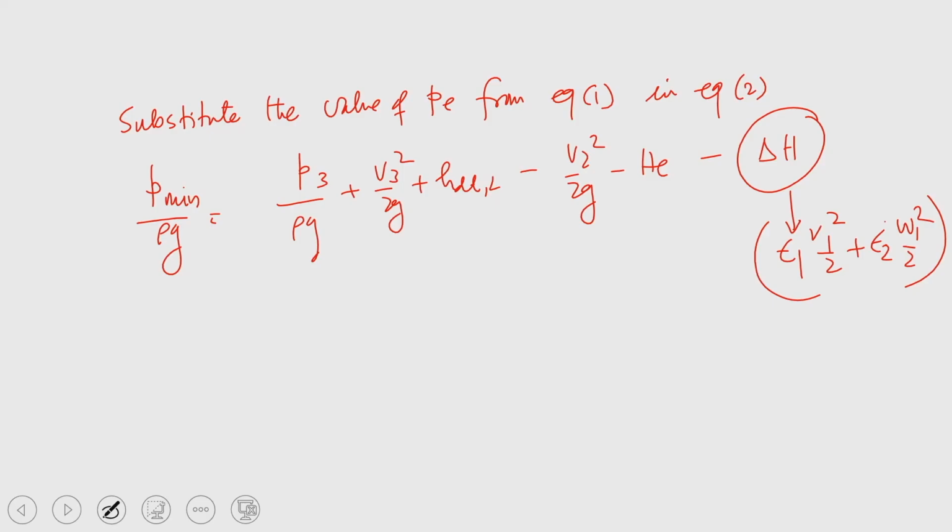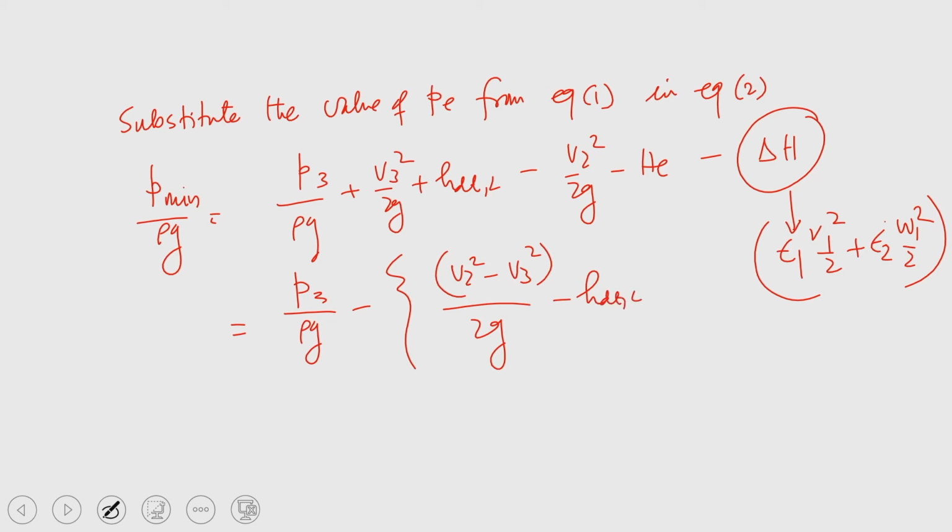So, if we rearrange it, we can write this as P3 by rho g minus V2 square minus V3 square by 2 g minus H d T L. I am writing these three components like this, minus H e minus delta H. So, this is straightforward.